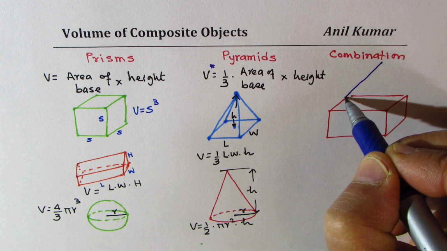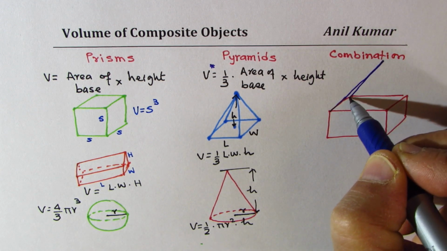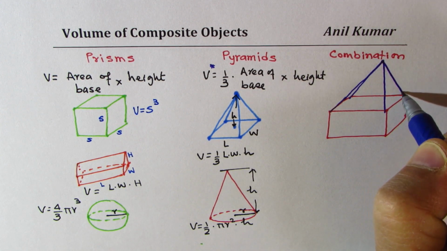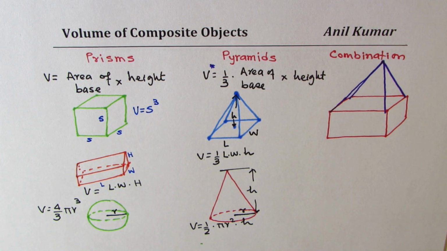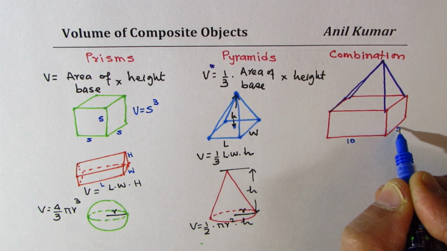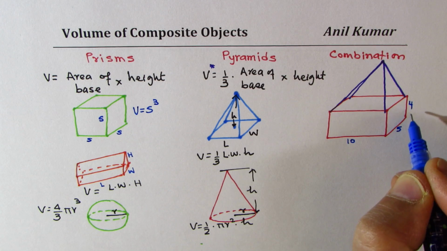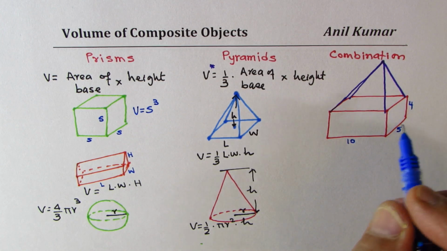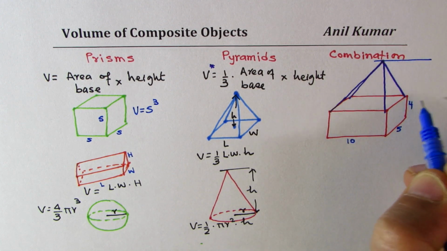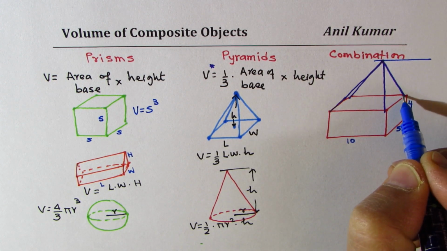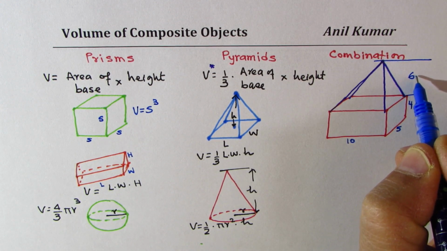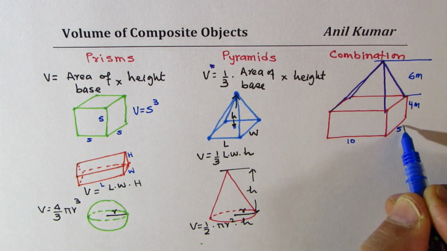So on top of it, let's place a pyramid. If I provide you with the dimensions, let's say this is 10 and this is 5, the height of the prism is 4, and this top is, let us say, 6. Let's say all are in meters.